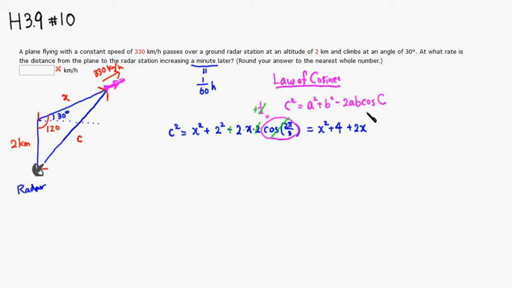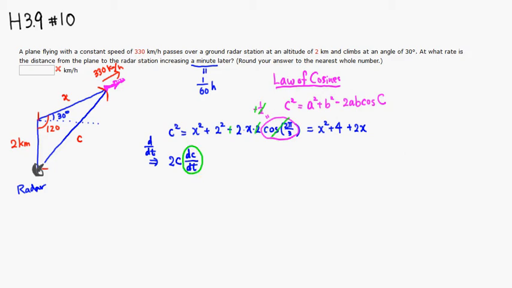Then we have an equation, and we just need to take the derivative. What we're looking for is dc over dt. So let's take the derivative. The derivative of this is 2c times dc over dt, which is the quantity we're interested in.